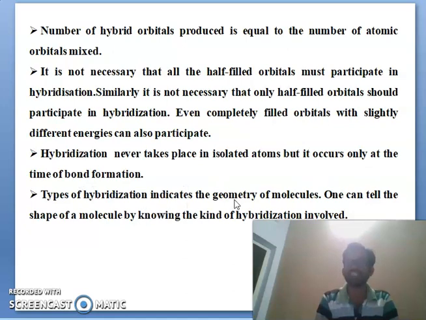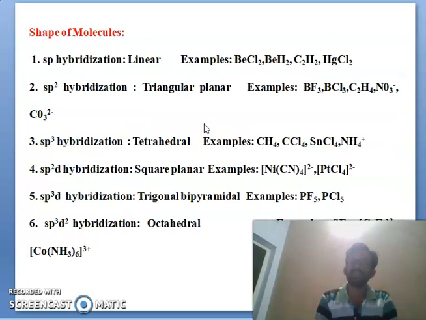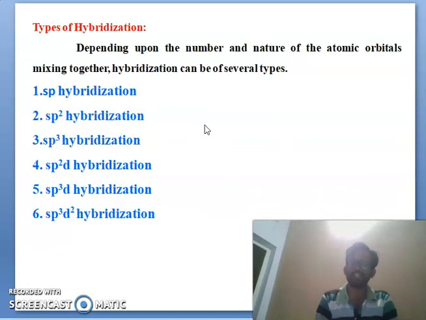Types of hybridization indicate the geometry of molecules. One can tell the shape of molecules by knowing the kind of hybridization involved. Depending upon the number and nature of the atomic orbitals mixing together, hybridization can be of several types: sp, sp2, sp3, dsp2, sp3d, and sp3d2 hybridization.